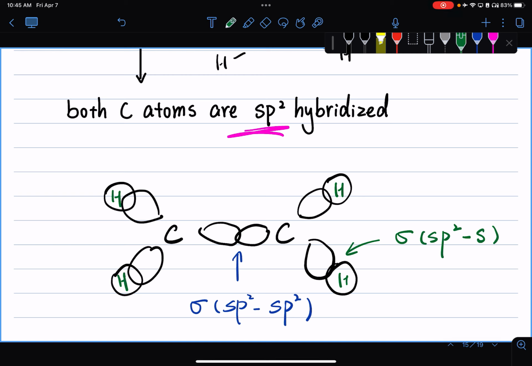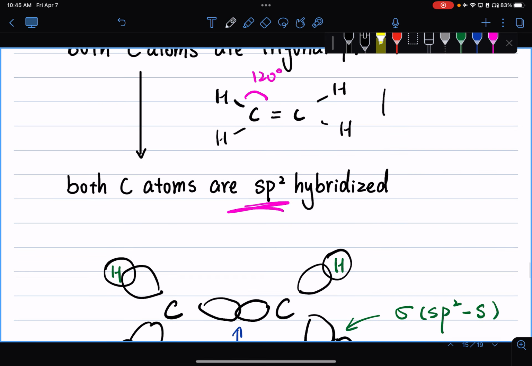But on top of all these sigma bonds, we have a p atomic orbital that is also singly occupied. So if we write out the electron configuration, we have sp2, sp2, sp2, and then a leftover p atomic orbital, and they're all singly occupied.